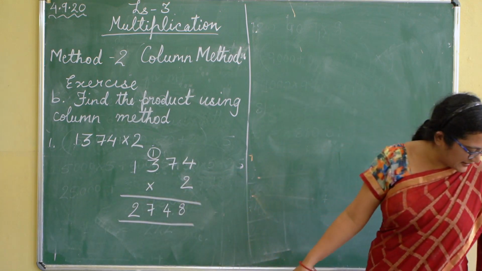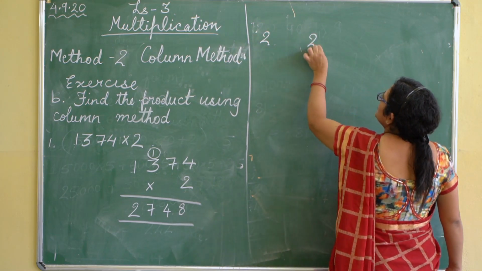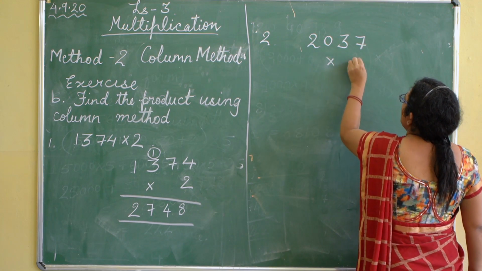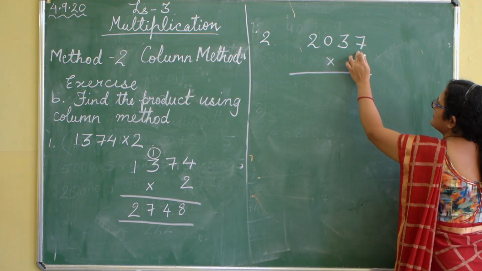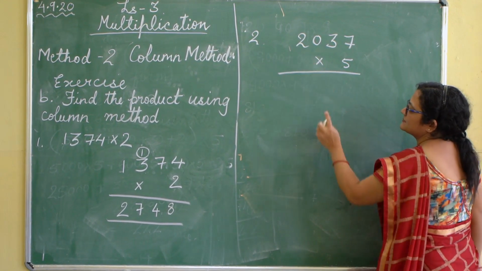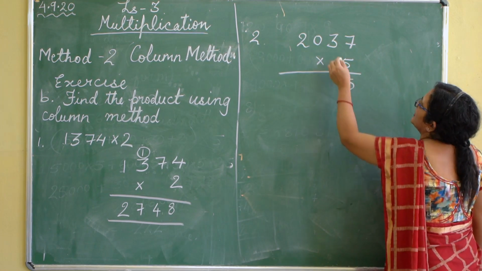Next question. 2037 multiplied by 5. How do you multiply? This 5 with 7, 5 with 3, 5 with 0 as well as 5 multiplied by 2. 5 7s are 35.